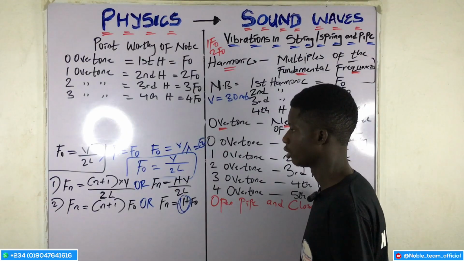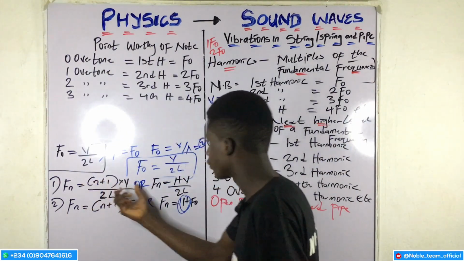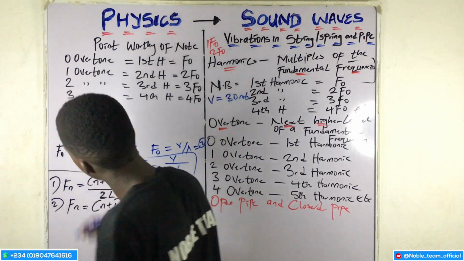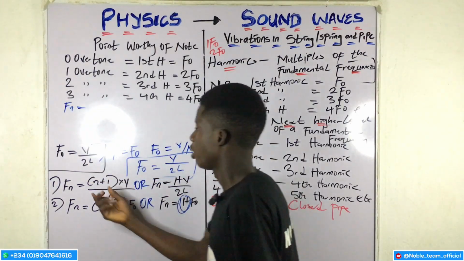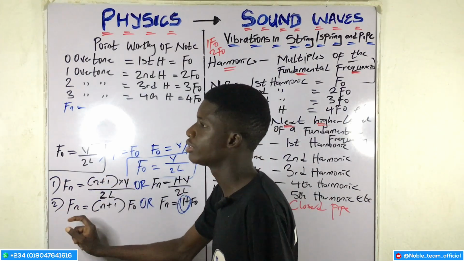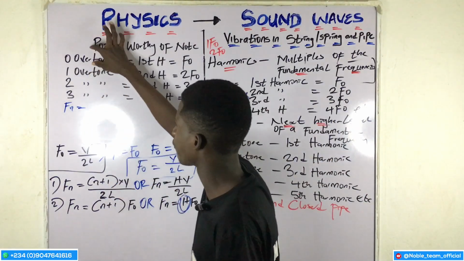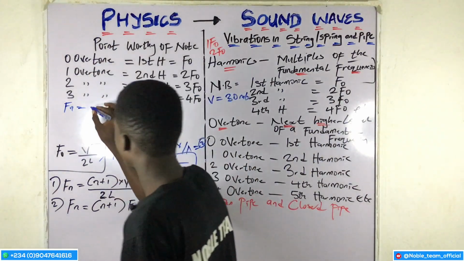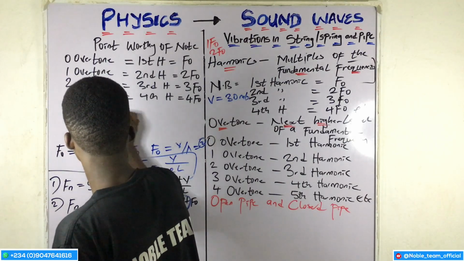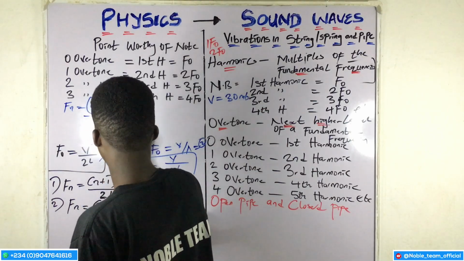Now, since we have been asked to get 0 over 2, first let me make use of this formula. Fn is equal to, my n is the number of overtone, and for 0 over 2 they have already given me the overtone number, so 0 plus 1, then multiplied by 30 divided by 2.